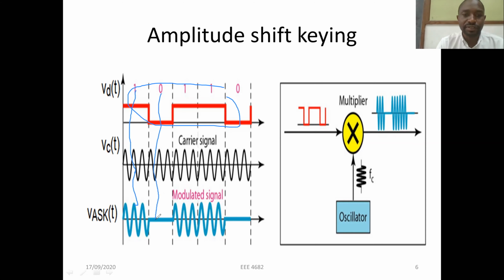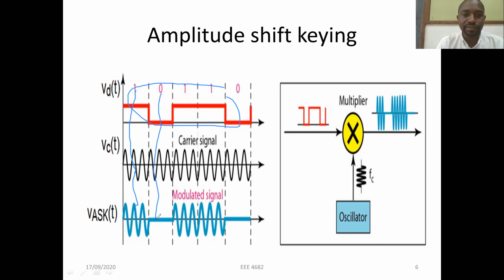And if you look at the diagram on the right, you have the digital data message signal being mixed in the modulator with the carrier, which is analog in format, and the output will look as the signal shown here.